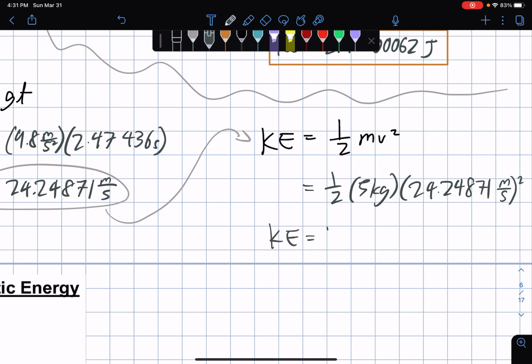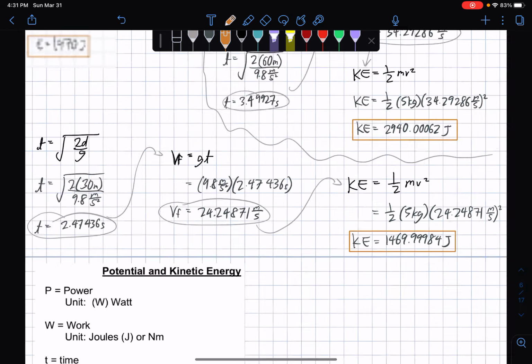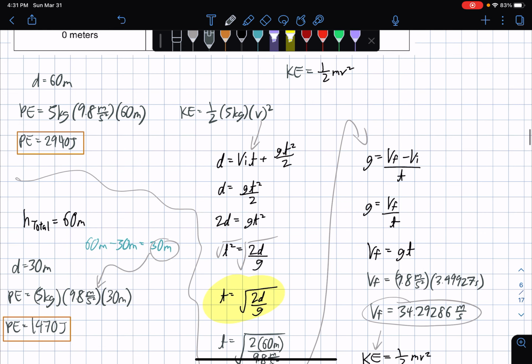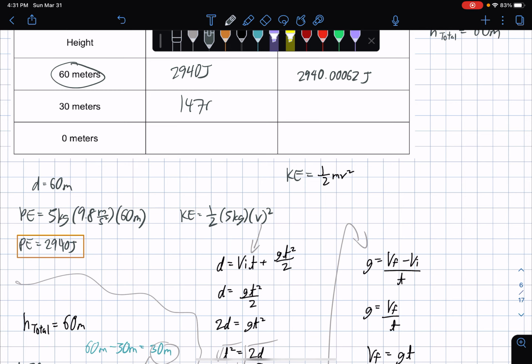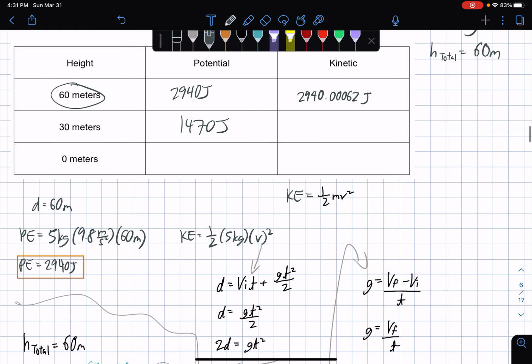KE is 1469.99984 joules, or basically 1470. What was our PE a while ago? 1470. Right now, it's 1469.999, or in other words, 1470.